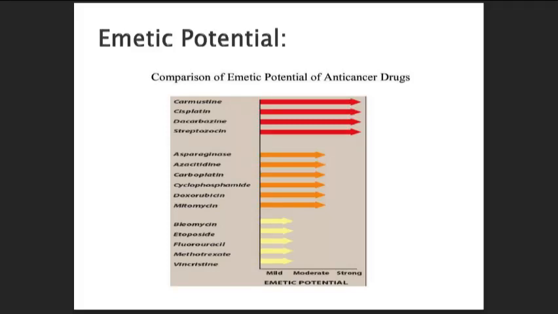Some of these are highly emetic, and these are of more concern for the physician to control the emesis, while some are low and some are moderate. Those medications which are highly effective in inducing vomiting include cisplatin, dacarbazine, and streptozotocin.